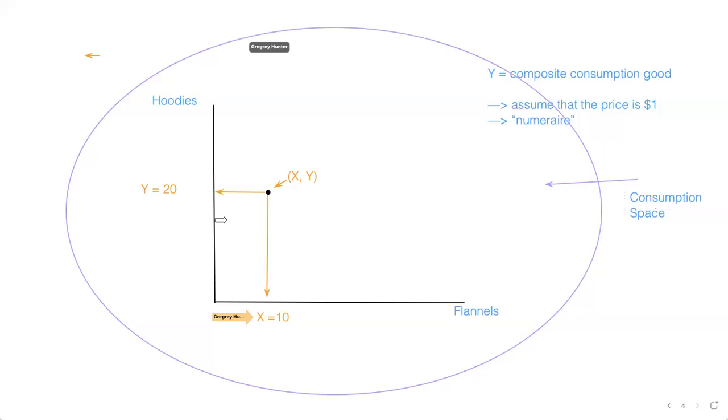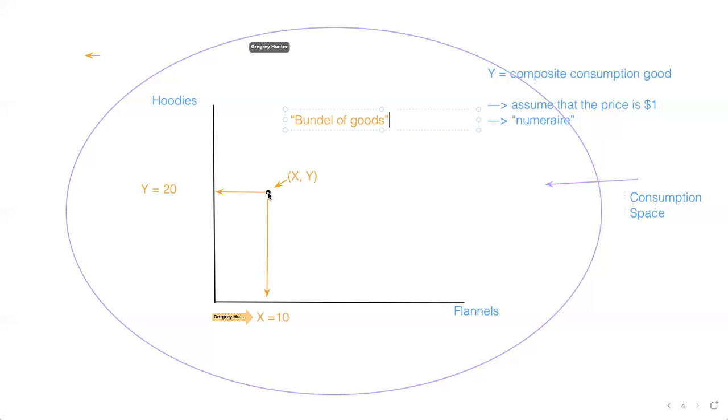And what economists call these points in consumption space, the common phraseology is they're a bundle of goods. So this point in consumption space is a bundle, right?